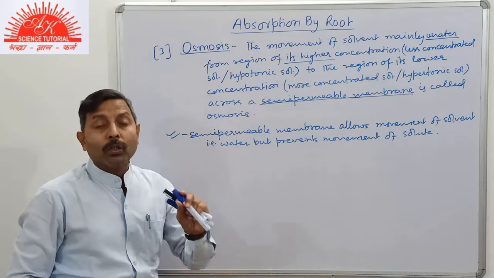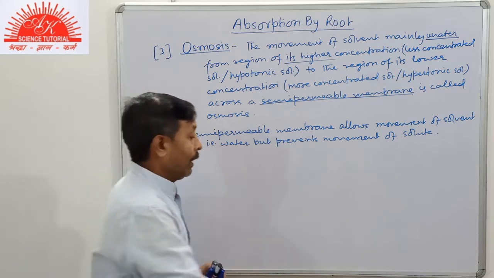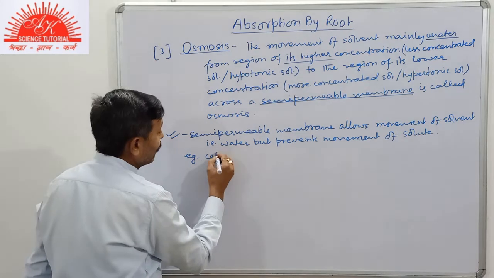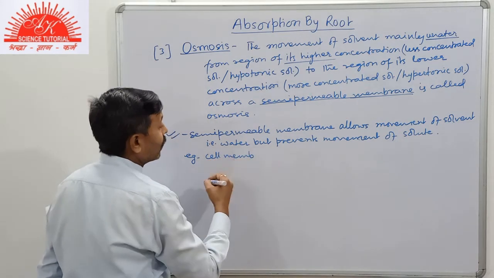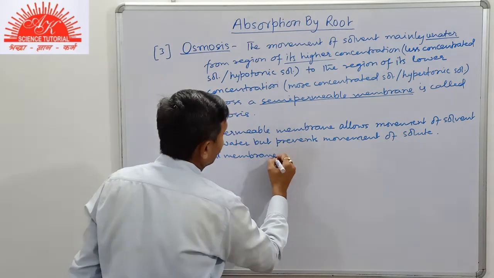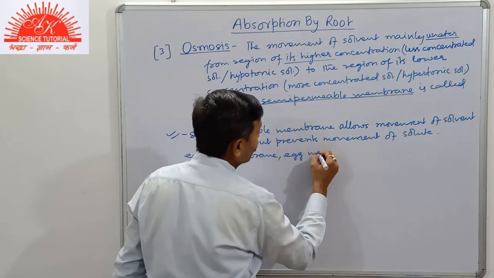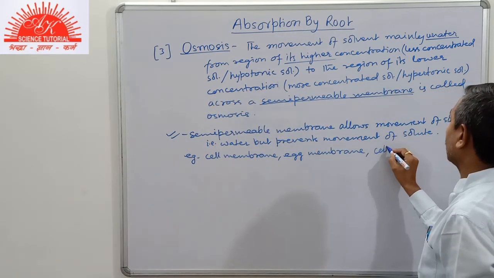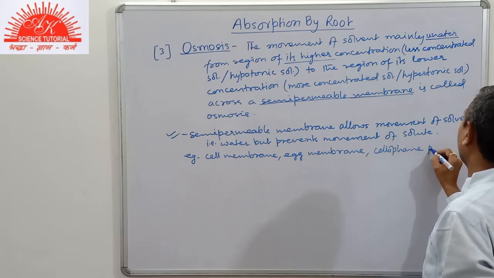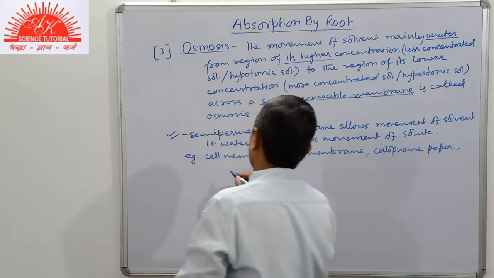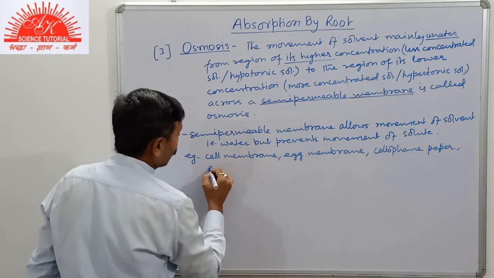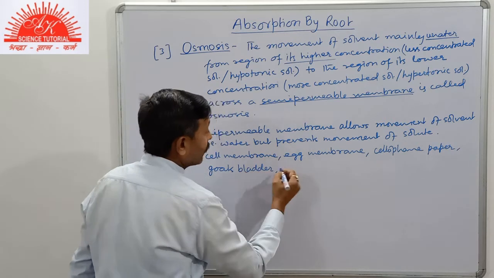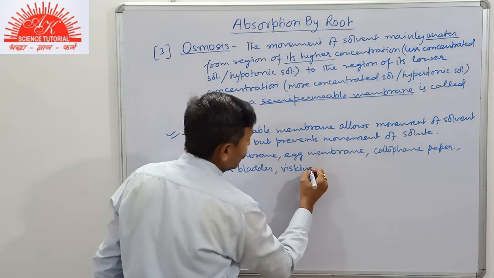Cell membrane is also termed as selectively permeable membrane. There are a few examples of semi-permeable membrane: the cell membrane, also termed as plasma membrane, egg membrane, cellophane paper, goat's bladder, and further the whisking bag, which will be studied later on.